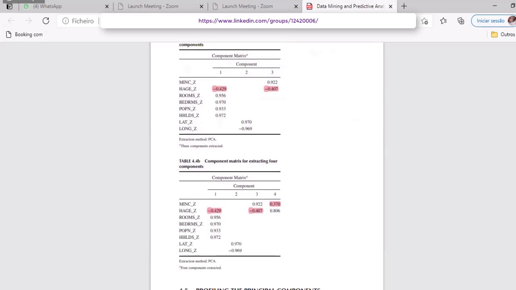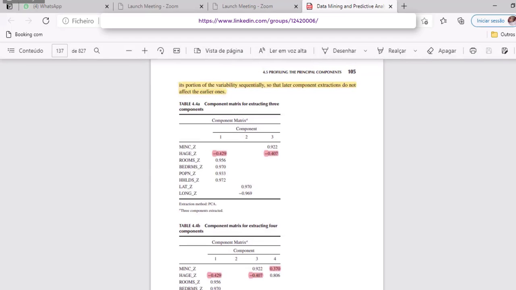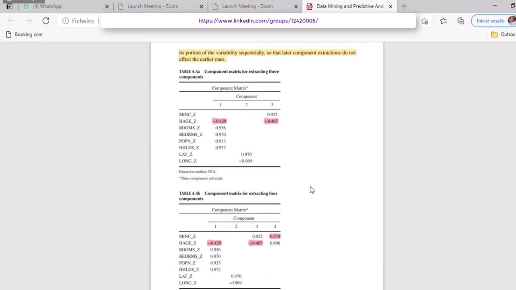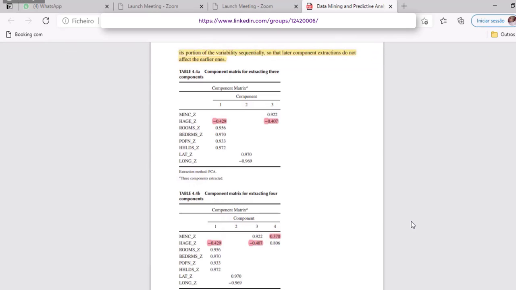So, component matrix. Afshin, please, can you explain this part because it's not that easy for me. These 2 tables, please. Yeah, so here we want to see whether you have to choose 3 components or 4, and what is the difference between these 2.